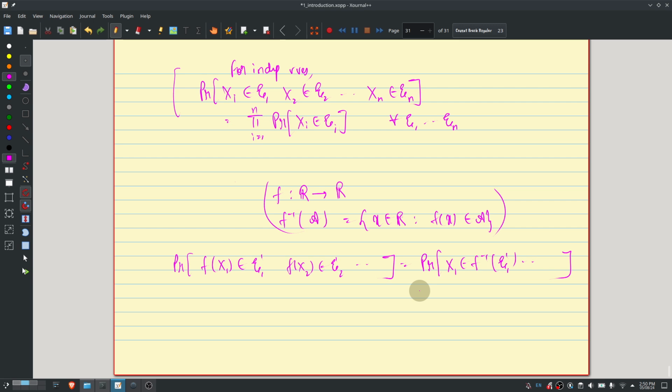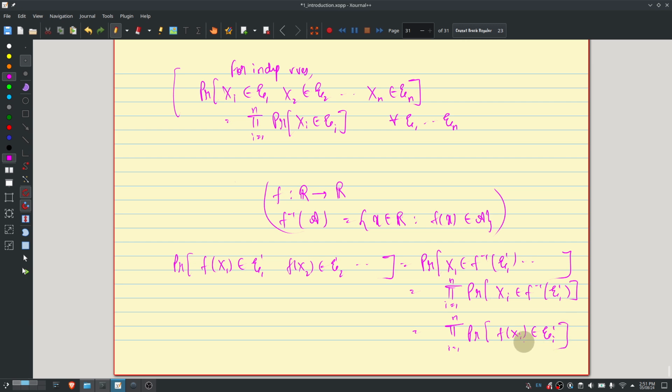But I know that x1, x2, x3 are all independent. So for every E1 prime, E2 prime, E3 prime, this is equal to the product i equal to 1 to n of the probability that xi is in f inverse of Ei prime, which is the same as the product i equal to 1 to n of the probability that f of xi lies in Ei prime.